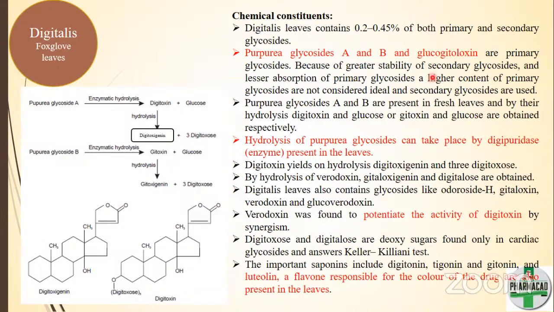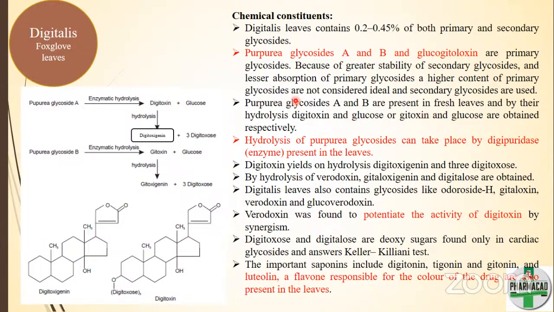Okay, so purpurea glycosides A and B, and glucogitaloxin, they are the primary glycosides. Because of greater stability of secondary glycosides and lesser absorption of primary glycosides, see, these are secondary and this is the primary glycoside. A higher content of primary glycosides is not considered ideal and secondary glycosides are used.